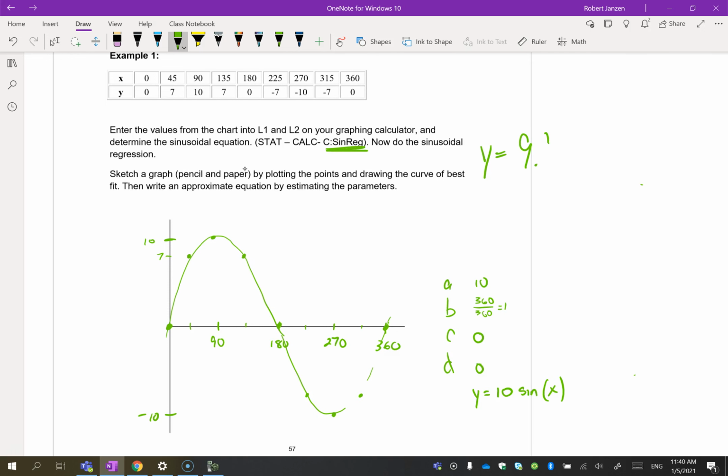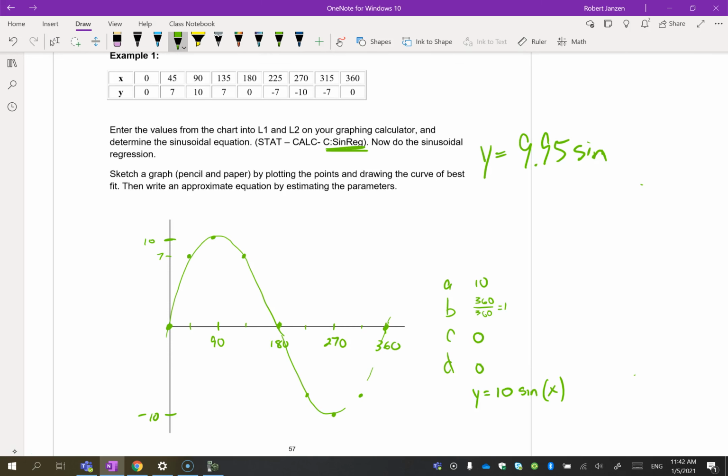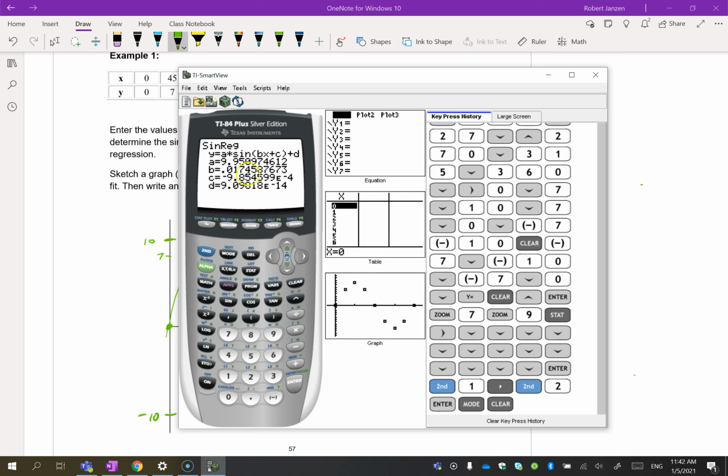9.95 sine. And then B is really, oh, wait, one second. The B value looks a little strange because the one we did, we said B was 1, and this one it says B is 0.17. The reason for that is the calculator figures this out in radians, not degrees.